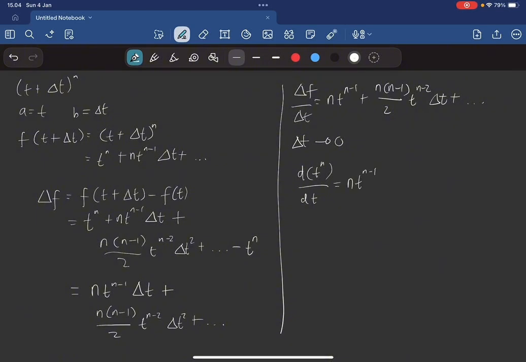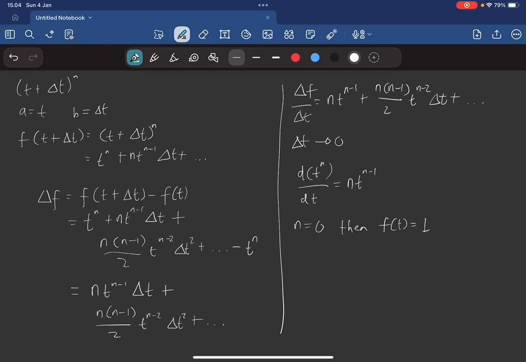One important point is that this relation holds even if n is not an integer. n can be any real or complex number. Here are some special cases of derivatives. If n equals 0, then f(t) is just the number 1, and the derivative is 0.